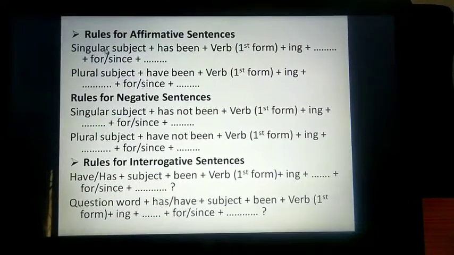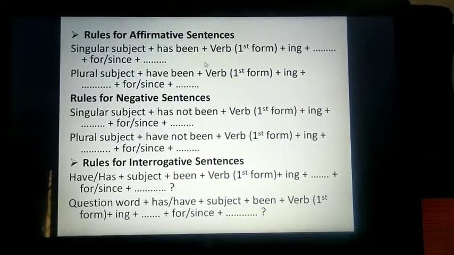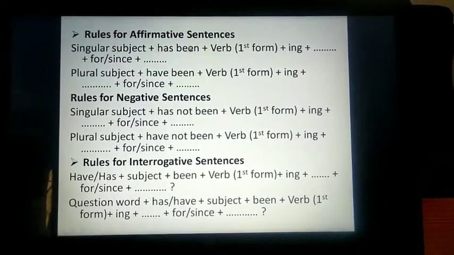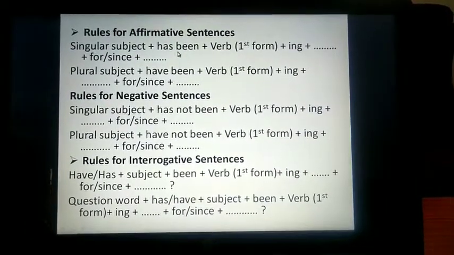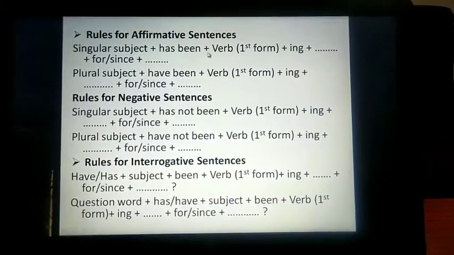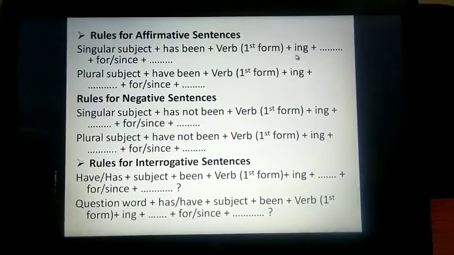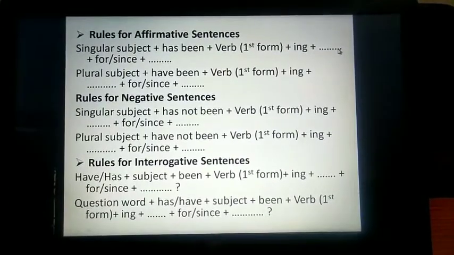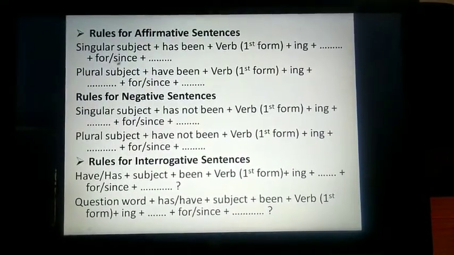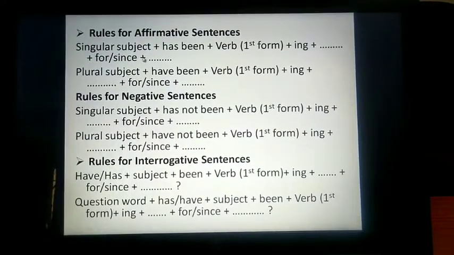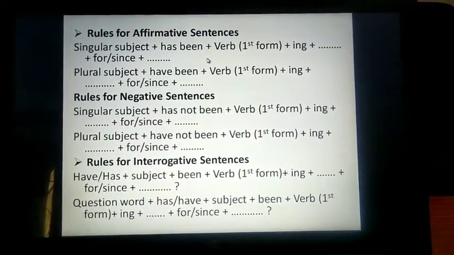Now, the rules for writing affirmative sentences. Singular subject plus has been. Remember to use been along with has or have plus first form of verb adding ing to it, followed by object, plus we will be using for or since and then we will be finishing up the sentence.